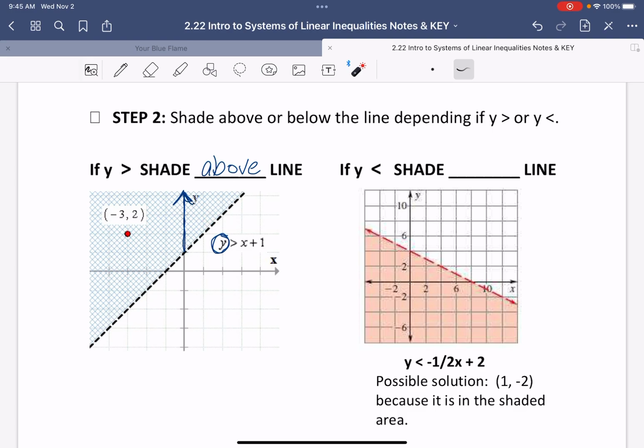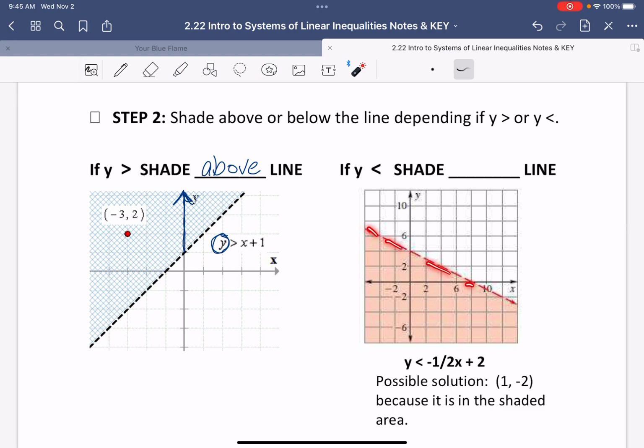It doesn't include it. If you have an equation like y is less than negative 1/2 x + 2, let's make sure this is where our y-intercept is, 2. Then it says we're going to go down 1, right 2, down 1, right 2. They've graphed this line.